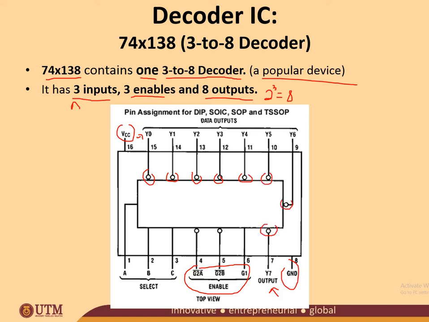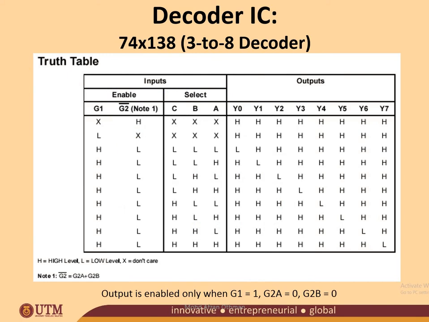We also know, don't assume, that the enable G1 is active high, and G2B and G2A are active what? Active low.